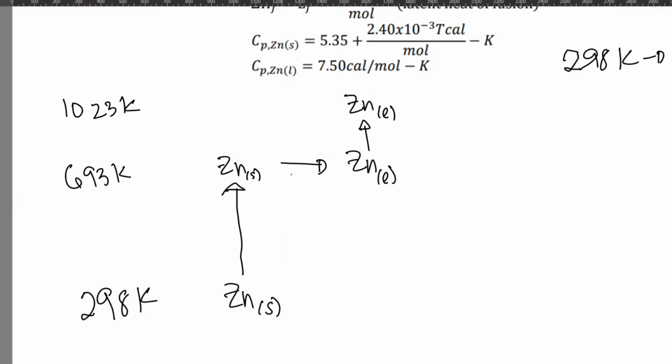So each of these arrows, or each of these processes, has a corresponding entropy change. We can name these delta S1, delta S2, and delta S3. So our zinc, solid, at standard state, S1, sorry.